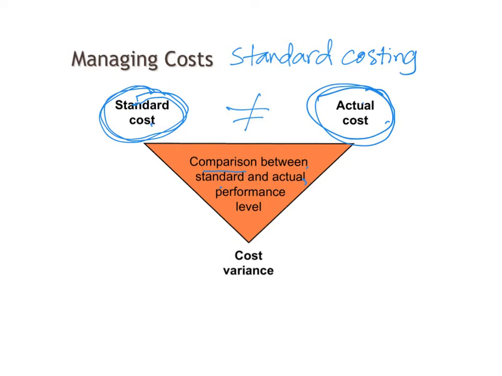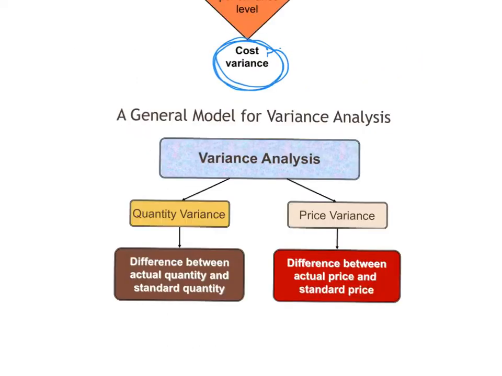When there is a difference, that is what we call cost variance. It means the difference between the standard cost and the actual cost. You might wonder what has caused the difference or the variance. The analysis of the difference is what we call variance analysis.